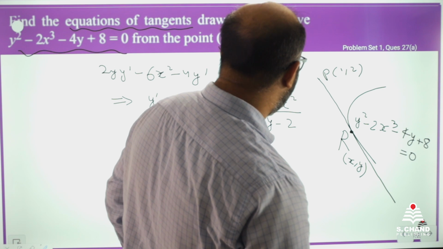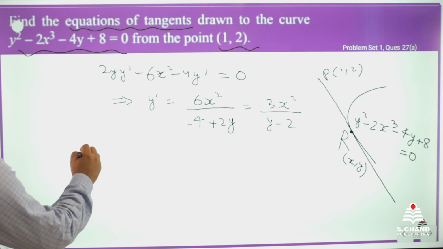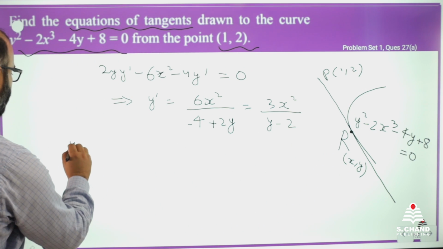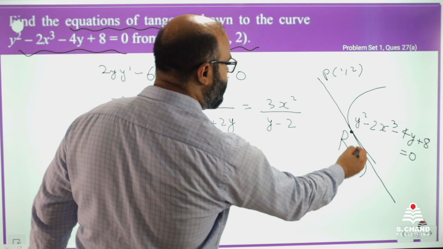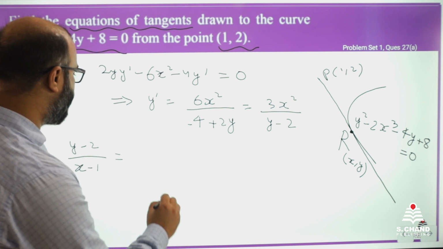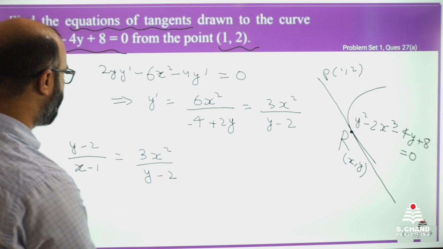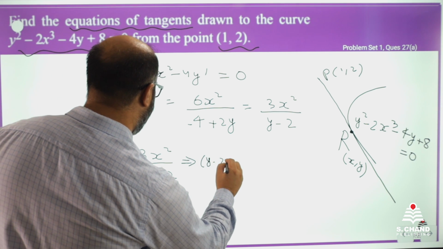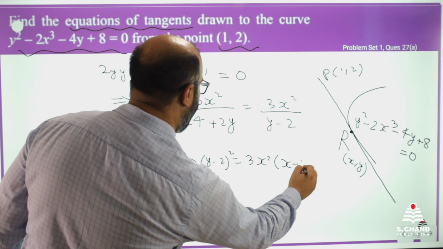Now this is passing through (1, 2). So if we write the equation, then we can say that y minus 2 upon x minus 1 is equal to the slope of this line, and this is equal to 3x square by y minus 2. And let us cross multiply. So this will become y minus 2 whole square is equal to 3x square into x minus 1.